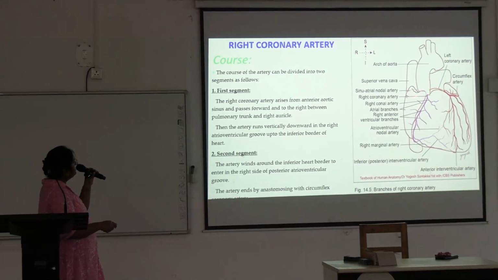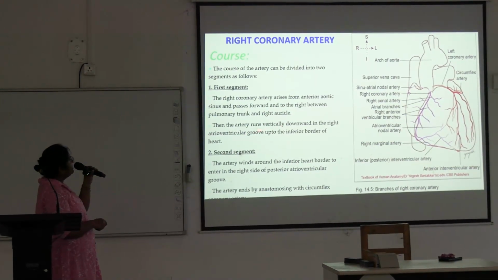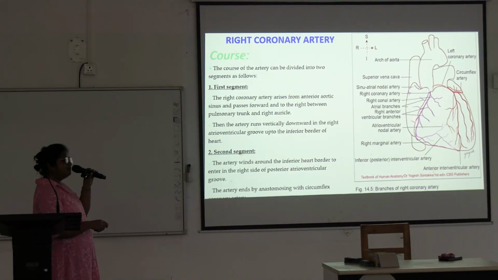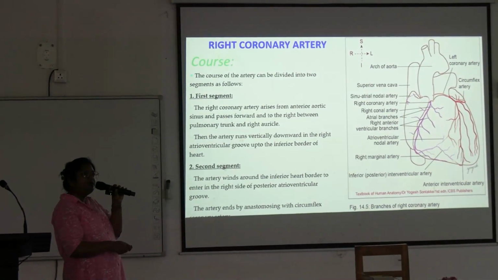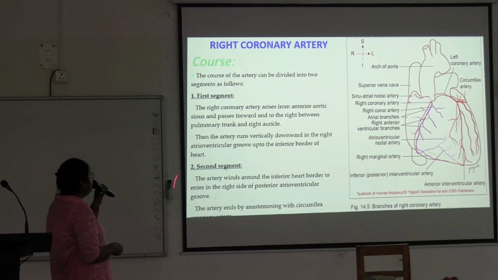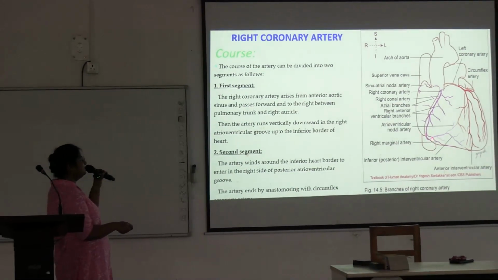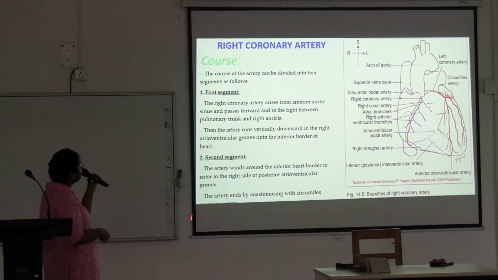So this part will be the first part, and then the artery runs vertically downward in the right atrioventricular groove up to the inferior border of the heart. Here it enters the posterior atrioventricular groove and gives the posterior interventricular artery. The second segment starts from the inferior border.